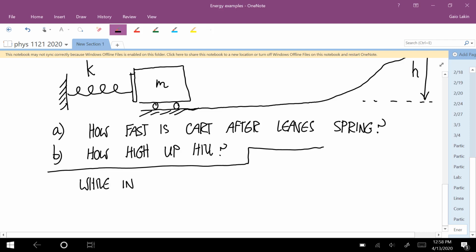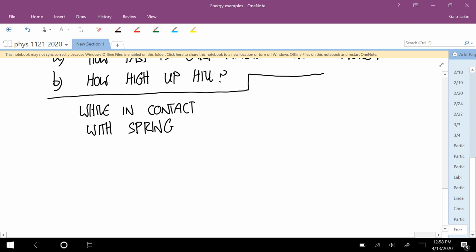So while the cart is in contact with the spring, the free body diagram looks like this.